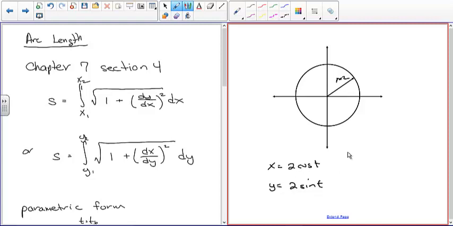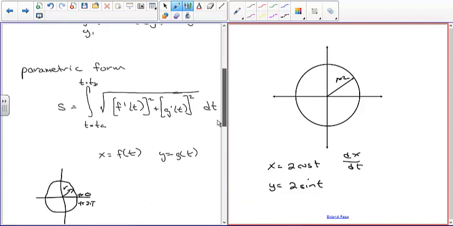So if we take the derivative dx/dt, let's pull this down again. Here's the equation. This is going to be dx/dt, which according to the terminology is f prime of t. This is f of t, and this is g of t.